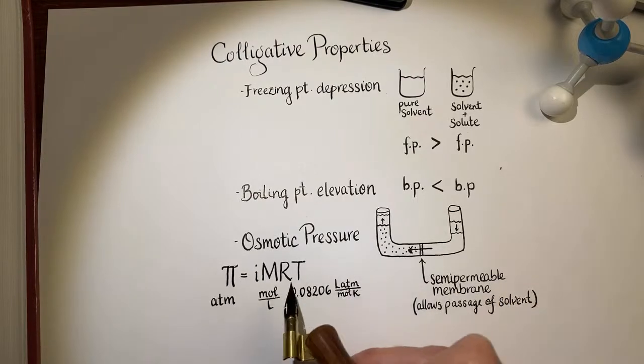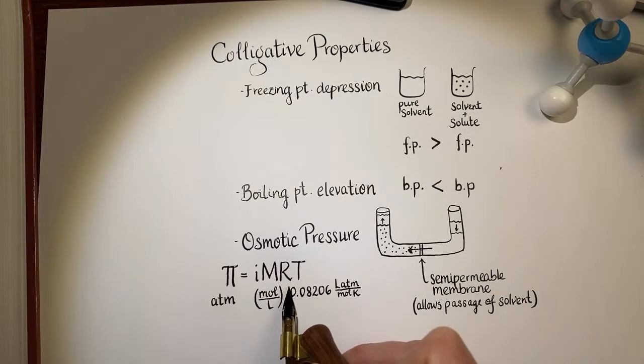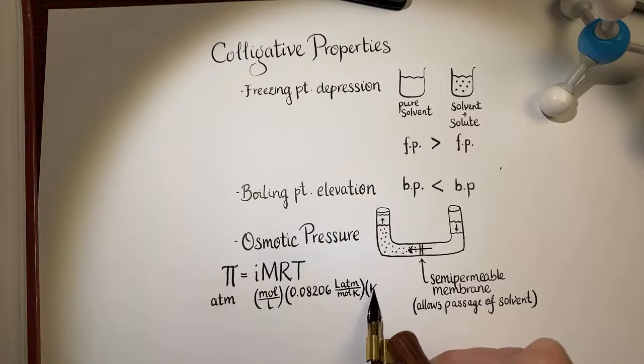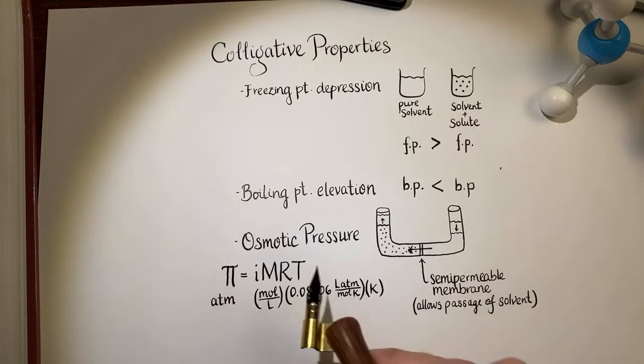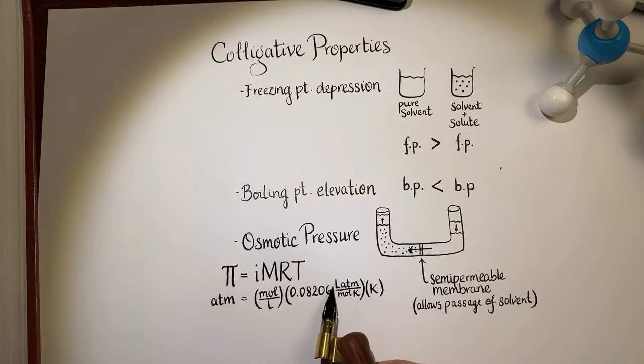Okay, so let me separate these out. So gas constant, and then our temperature that's in Kelvin. So here, just wanted to show you all the units and how they work out. So moles cancel with moles, Kelvin cancel with Kelvin, liters cancels with liters, and that leaves behind atmospheres.